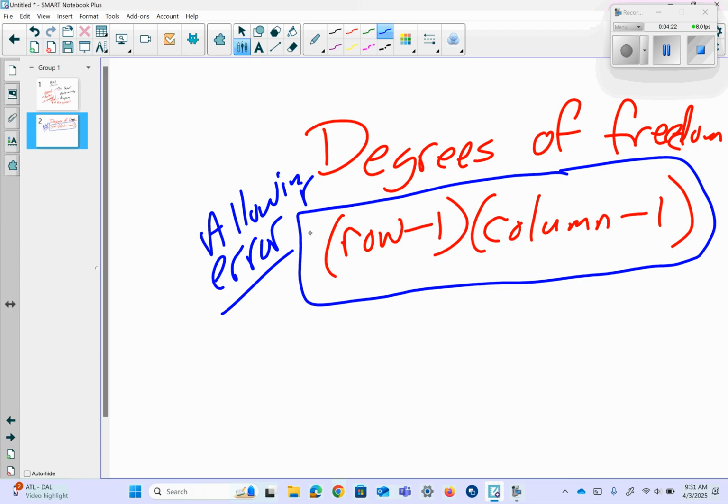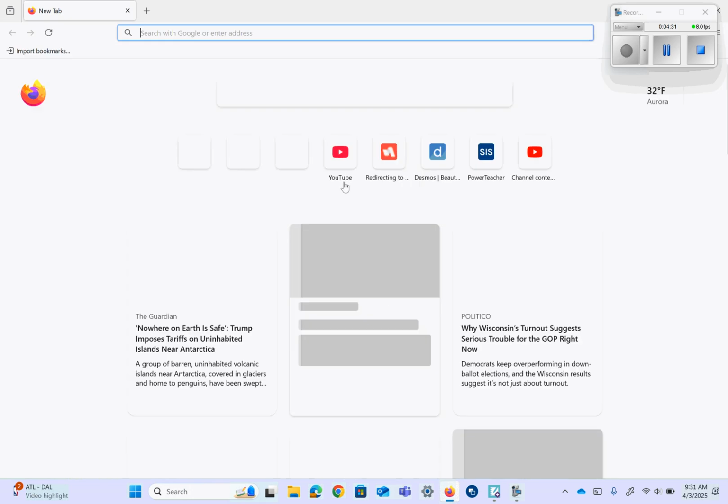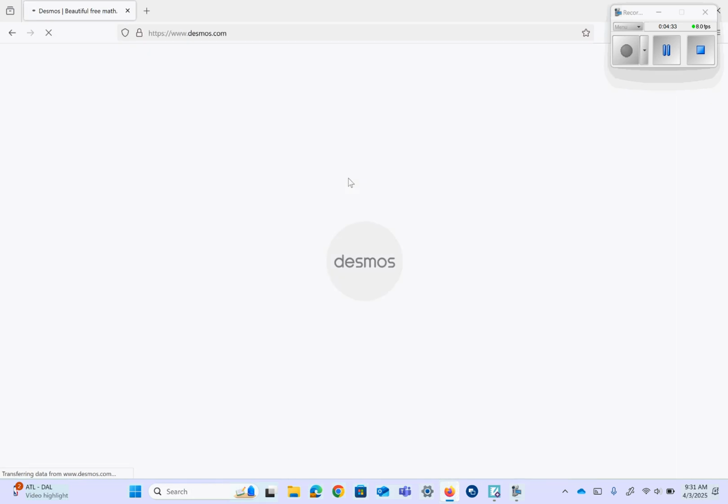I want you to see how Desmos will accommodate this type of thing, and this is how the chi-squared recognizes that you might have a little bit of error that takes place.